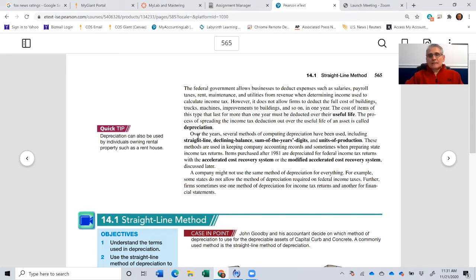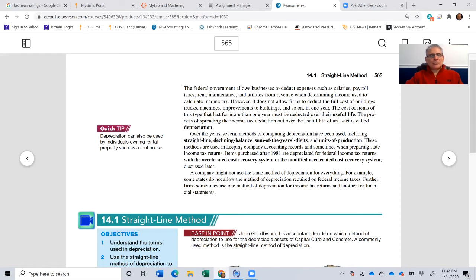There are various ways we can do this that are acceptable by generally accepted accounting principles, but that's more of a financial accounting concept. So we're just going to look at the methods that are acceptable and disregard why they're acceptable.